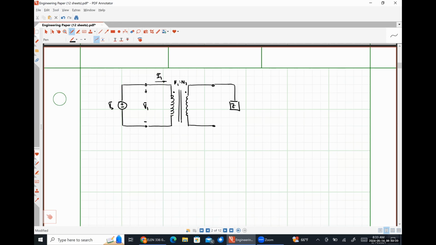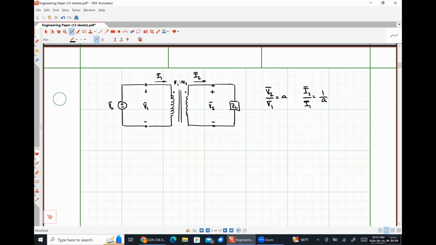And once again, my load impedance ZL like so. Here's V2, and here is I2. Just to remind us, we know that V2 over V1 is A, and I2 over I1 is 1 over A.